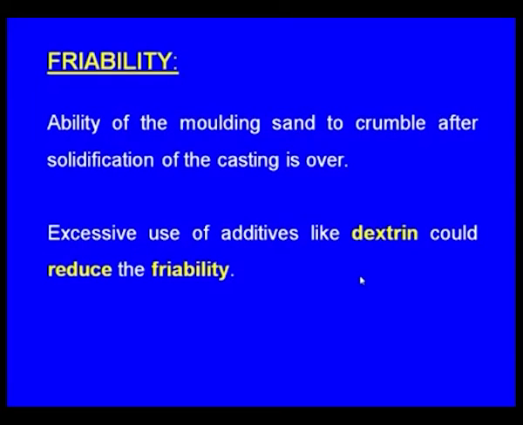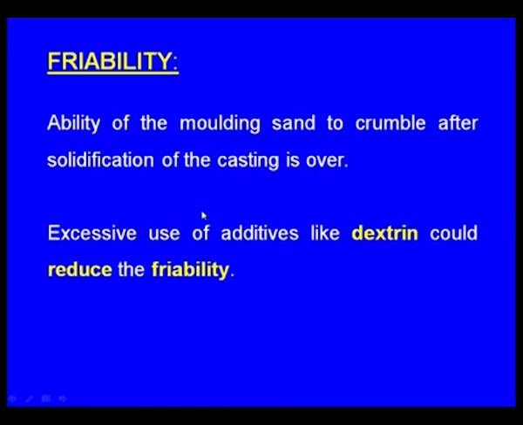Now, it is not enough for us to break the core sand into two pieces. We should be in a position to make it into small pieces, then only the entire core will come out. That is the friability, right. So, that is the ability of the moulding sand to crumble after the solidification of the casting is over.